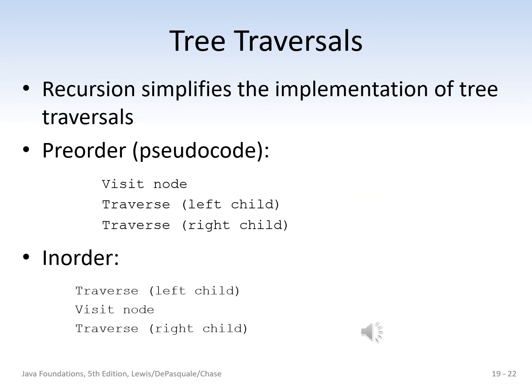Recursion greatly simplifies any implementation of a tree traversal. So for example, here's some pseudocode for preorder. Visit the node, traverse left child, traverse right child. In order: traverse left child, visit node, traverse right child.